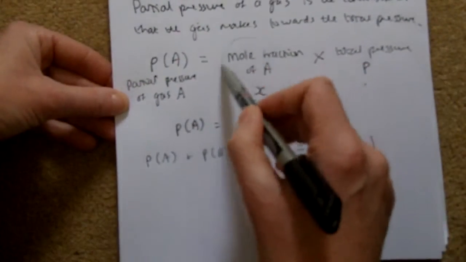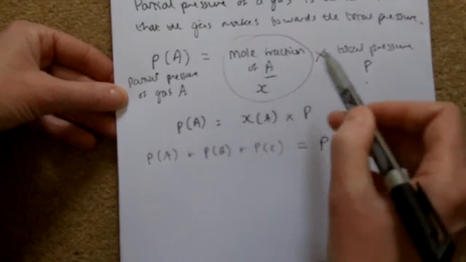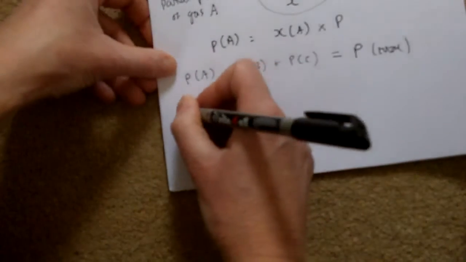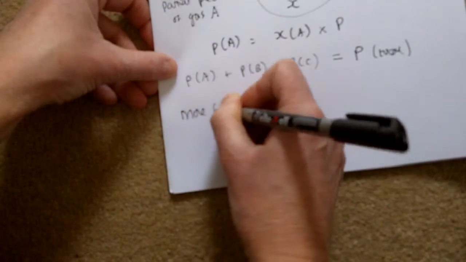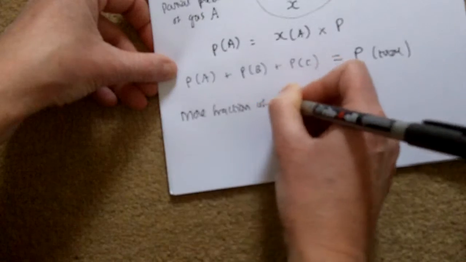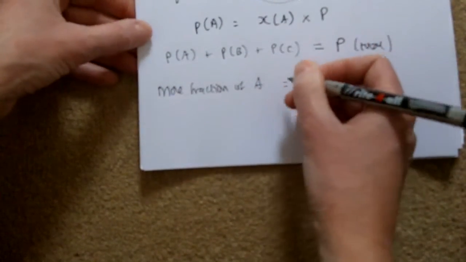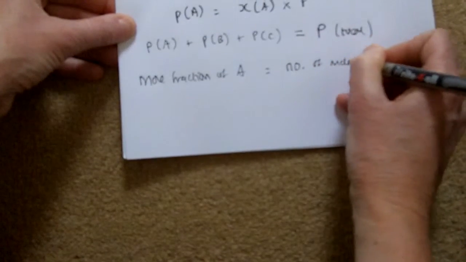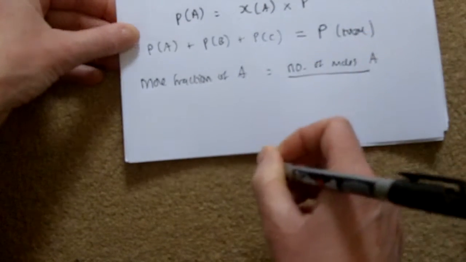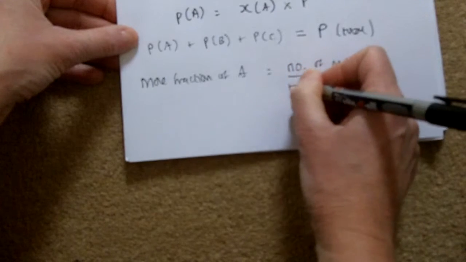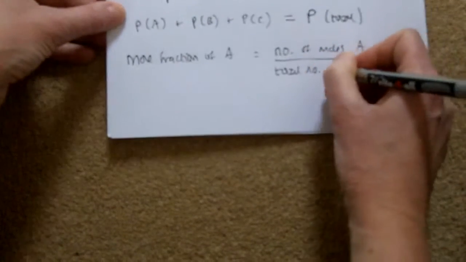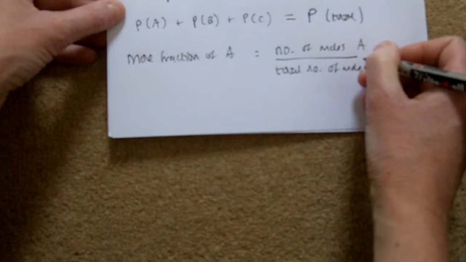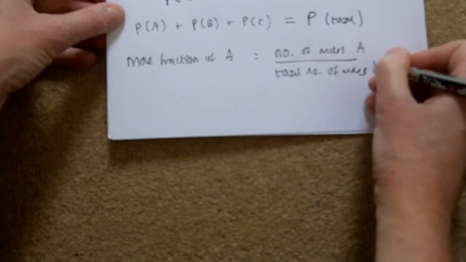The mole fraction of a gas, let's just call it gas A, is calculated as the number of moles of A over the total number of moles in the gas mixture.